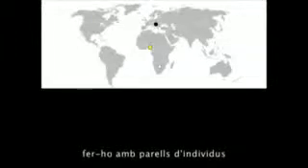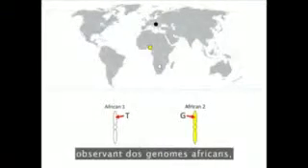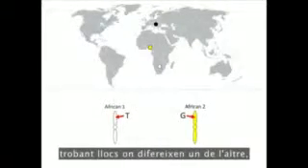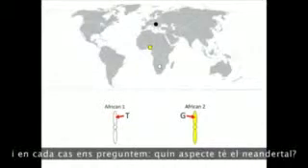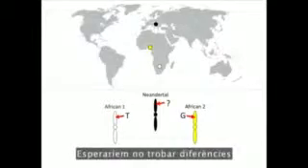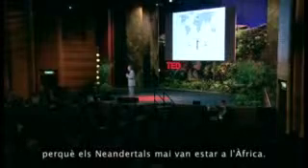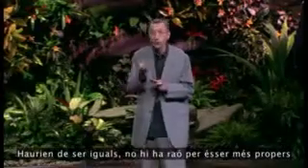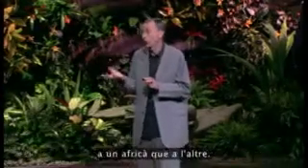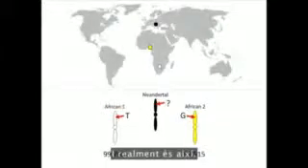So we do this at pairs of individuals, starting with 2 Africans, looking at the 2 African genomes, finding places where they differ from each other, and in each case asking, what is a Neanderthal like? Does it match one African or the other African? We would expect it to be no difference because Neanderthals were never in Africa. They should be equal, have no reason to be closer to one African than another African. And that's indeed the case.